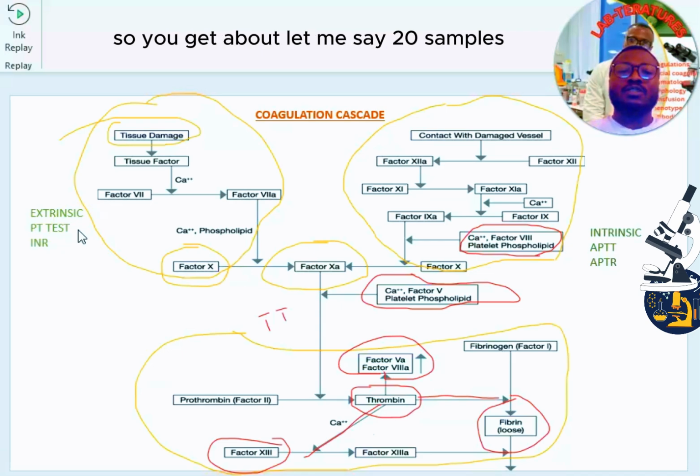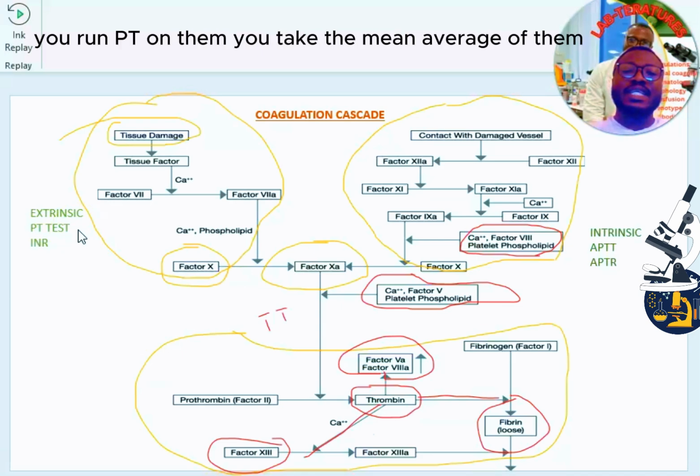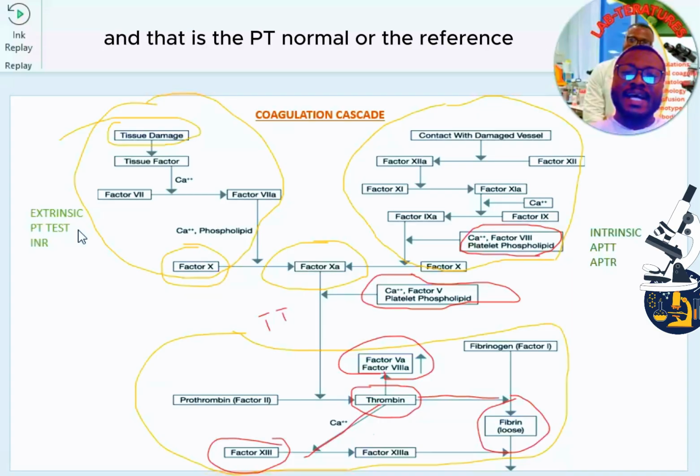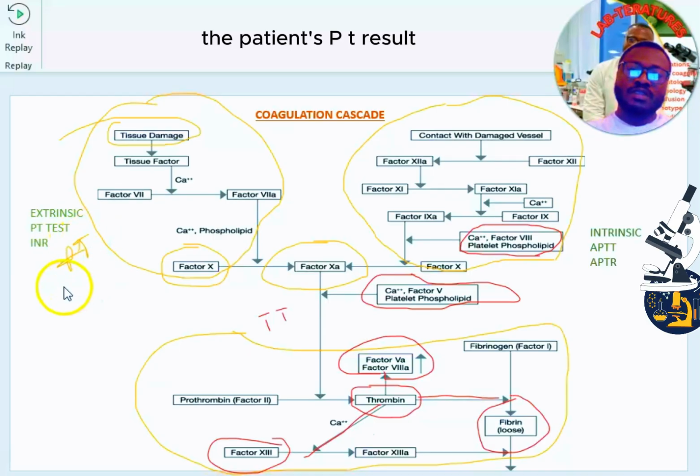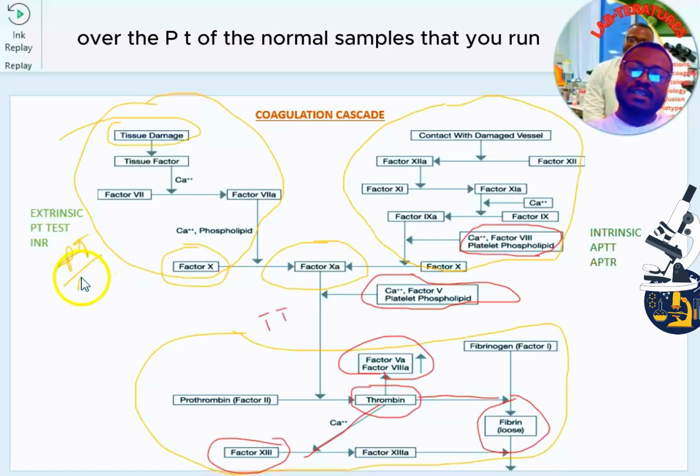So you got about, let me say, 20 samples, you run PT on them, you take the mean average of them, and that is the PT normal or the reference. So the patient results for INR will now be the patient's PT results over the PT of the normal samples that you run.